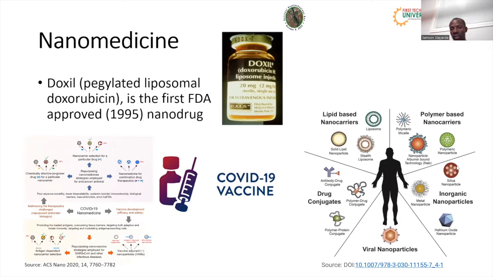You can see nanotechnology playing a key role, as there are virus nanoparticles. There are drug conjugates which are based on nanomaterial. There are lipid-based nanocarriers, and there are also polymer-based nanocarriers, and each of these results in a new therapy in the area of nanomedicine, resulting in the various mechanisms by which drugs attach to a specific disease site or specific cell in the body.